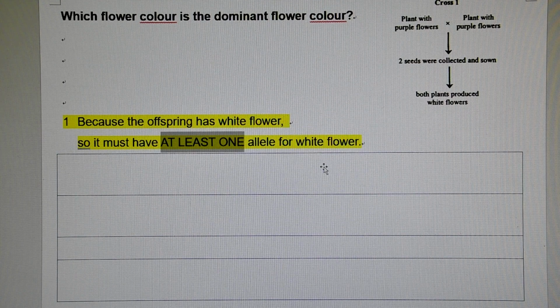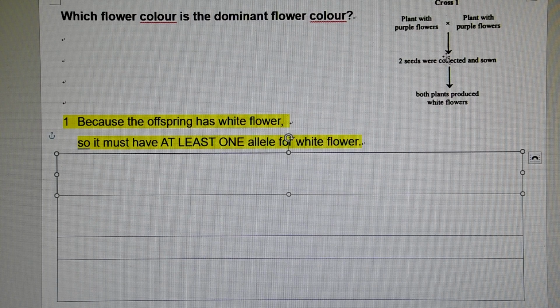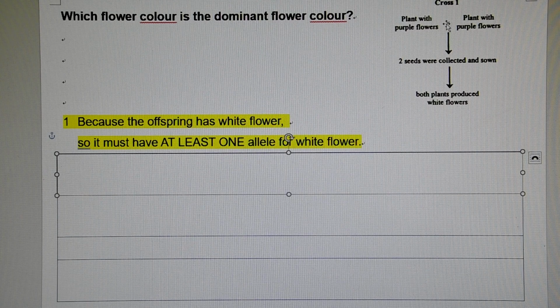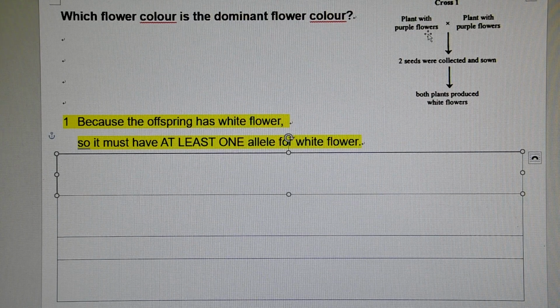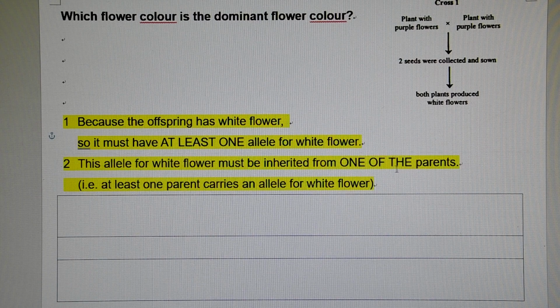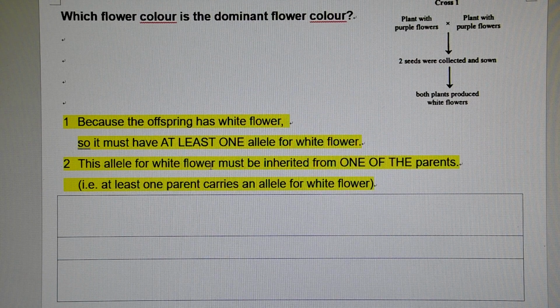This white flower allele must be inherited from the parents, but which one? It doesn't matter, because if you think about it carefully, both parents are purple flowers, so either way we can at least create one heterozygous case. So we just tell people that this white flower allele must be inherited from one of the parents.